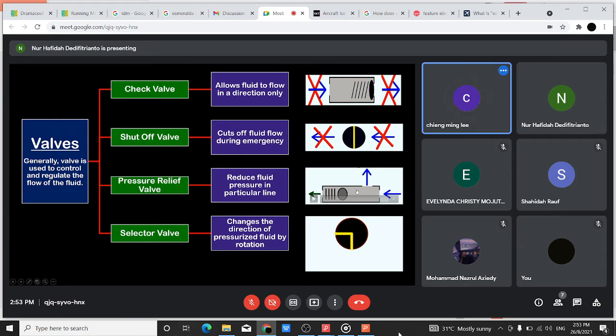If the pressure is increasing, it will push the ball backwards and open the hole, so the pressure inside can release from the line. If you draw it like this, there's always no obstruction for the flow to go to the other side. Alright, thank you for that.